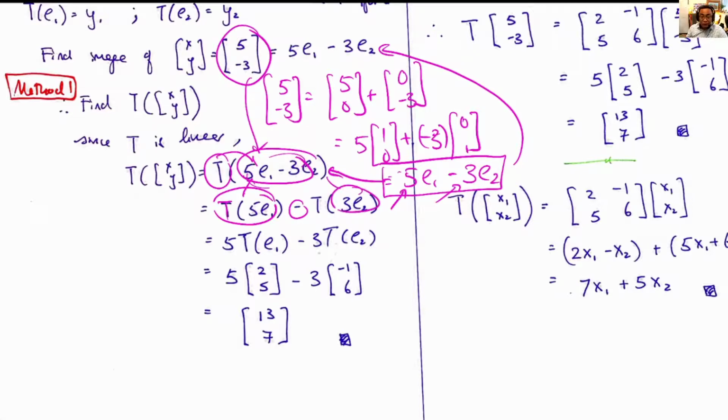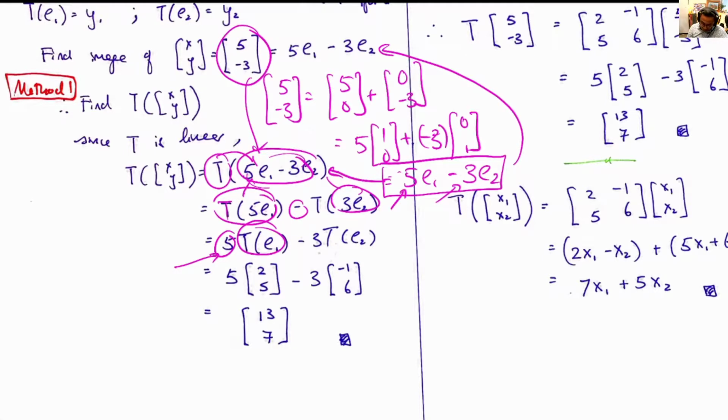Linear transformation also says that T of 5 E1 is 5 times T of E1. That's the definition of linearity. One of the properties is the scalar multiplication property. We can bring the scalar outside the transformation.